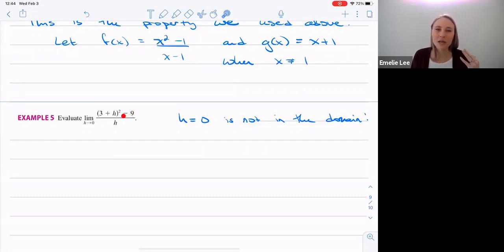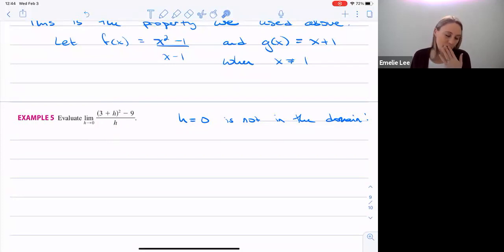And so maybe that will help me cancel this h. Just like we did before, I'm trying to eliminate the problem child, the h in the denominator. I'm trying to morph this from a function that doesn't work to one where I can just plug in h equals 0 and find out the limit.